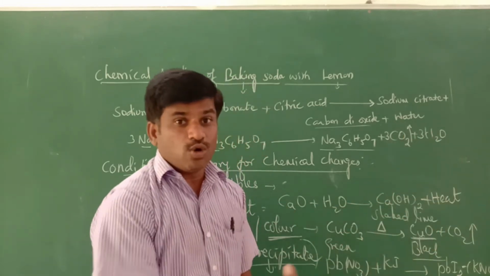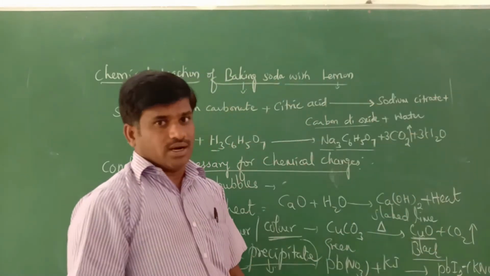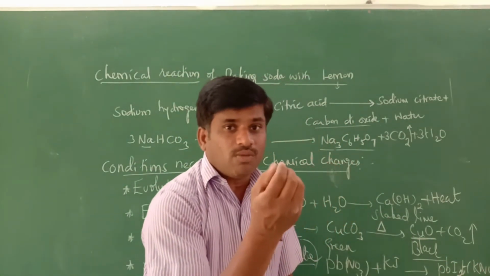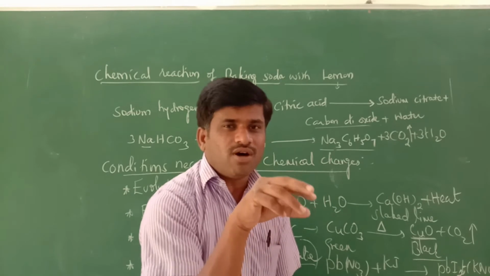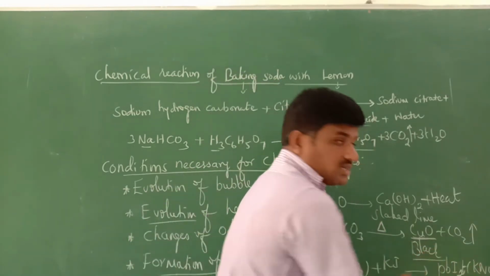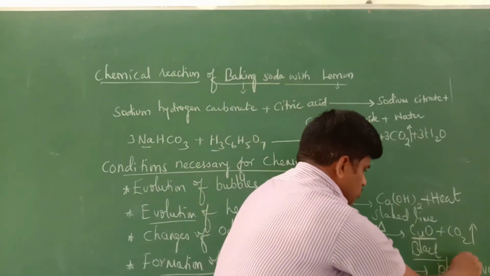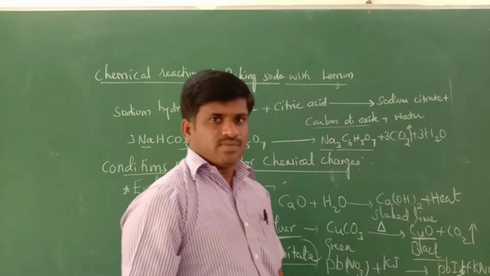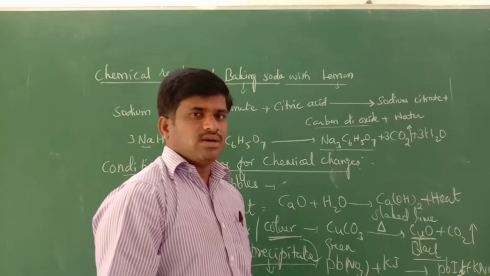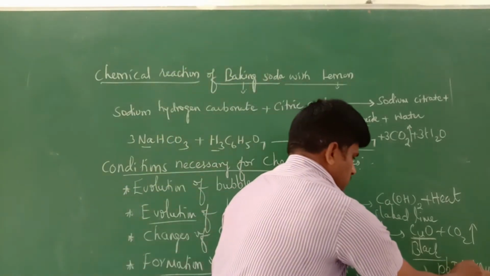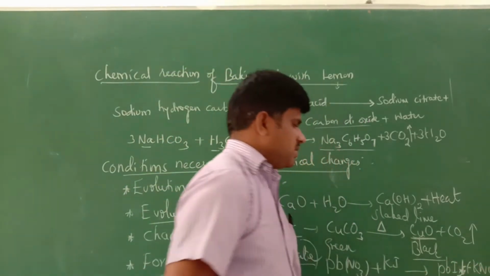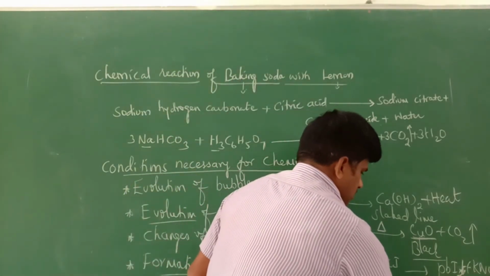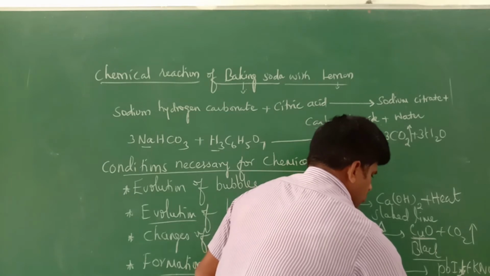Even in that, small insoluble substances are forming. Such insoluble substances are called a precipitate. While a precipitate is forming in a chemical reaction, we should show it with a downward arrow mark. That is, PbI2 is called a precipitate. Which color precipitate? This is a yellow color precipitate.